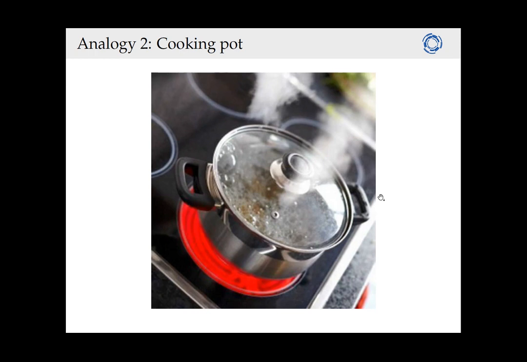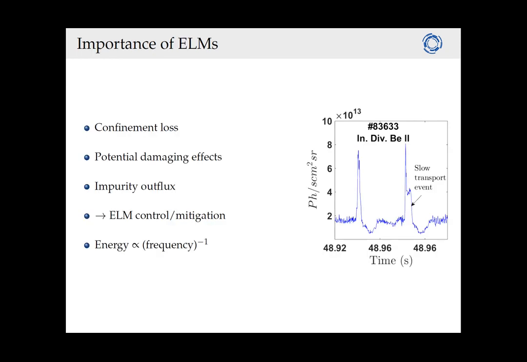And this is a periodic phenomenon, so you're going to have this trembling of the lid, periodic movement of the lid, and this is at least in a few superficial respects similar to edge localized modes in fusion plasmas.